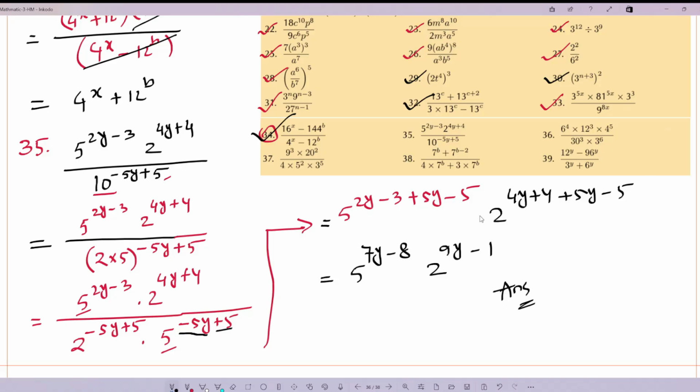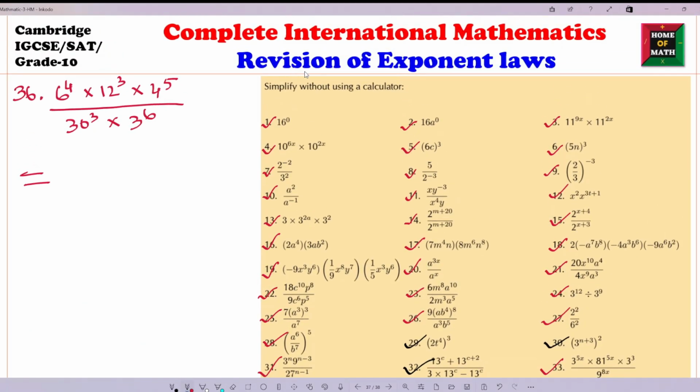So, number 35 done. Now we will start number 36. This fraction in the numerator 6 to the power 4 times 12 to the power 3 times 4 to the power 5, denominator 30 to the power 3 times 3 to the power 6.